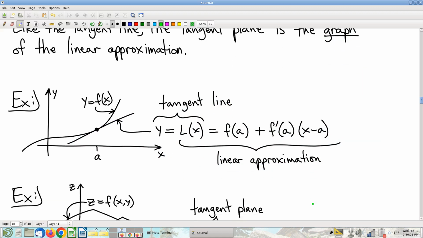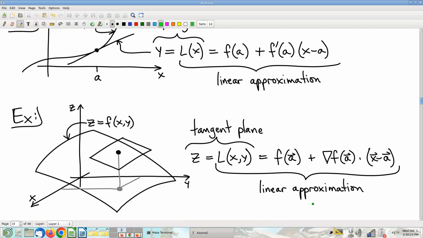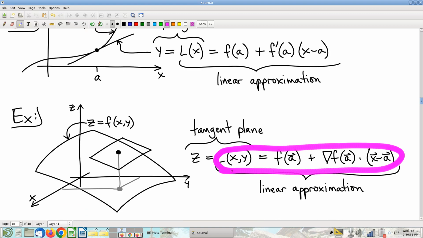So, having noted that, it's the exact same deal with functions of multiple variables. You can talk about the linear approximation. We're looking just at real-valued functions here. It's just harder to draw the picture for a vector-valued function. But here's our general real-valued linear approximation formula.